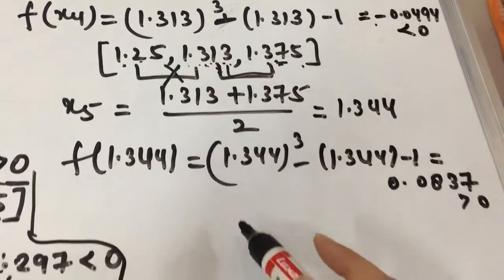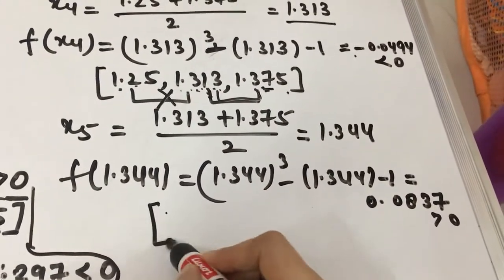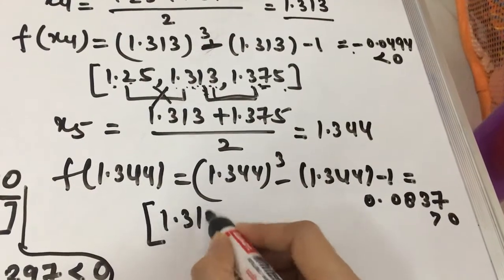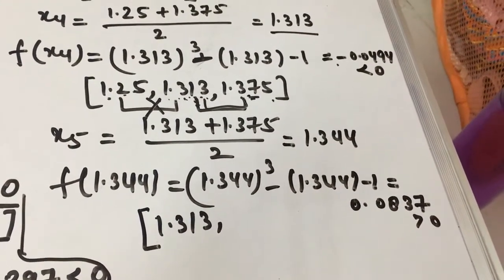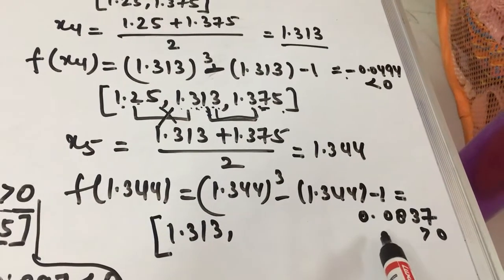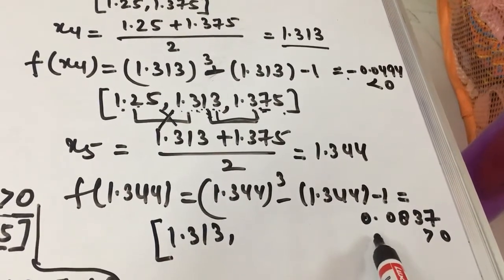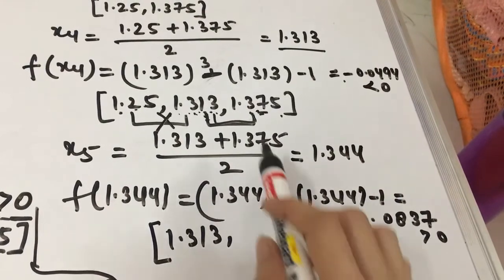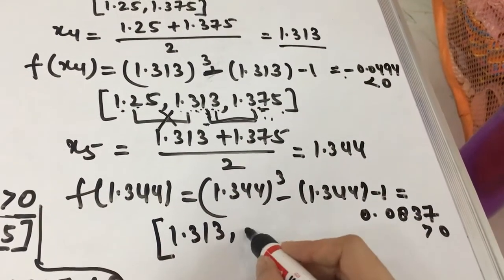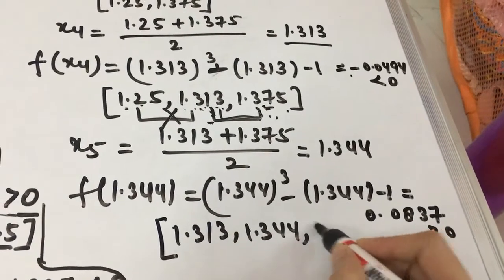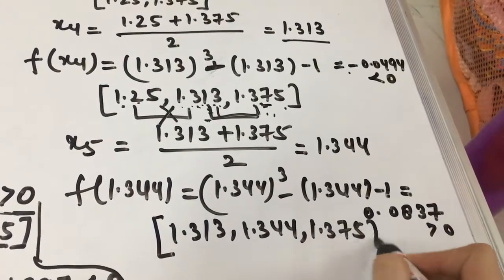It is positive. So now again I need to see where my root will lie for the sixth approximated root. The interval will now be 1.313, 1.344 and 1.375.